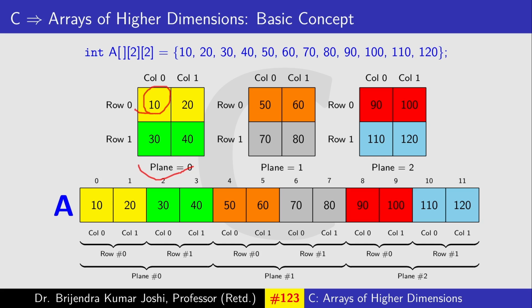Here it is visible, you can see first plane is plane number 0, its row number 0, then row number 1, and inside each row column 0, column 1 and so on. So a 3-dimensional array will appear in memory like this.